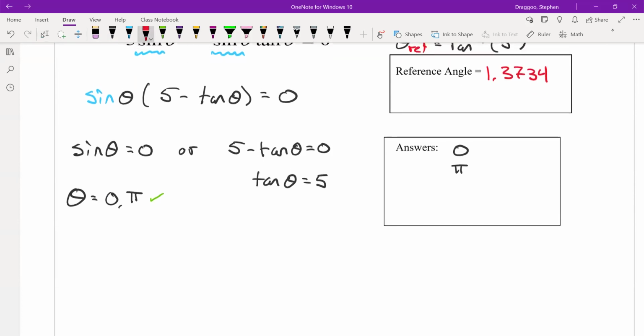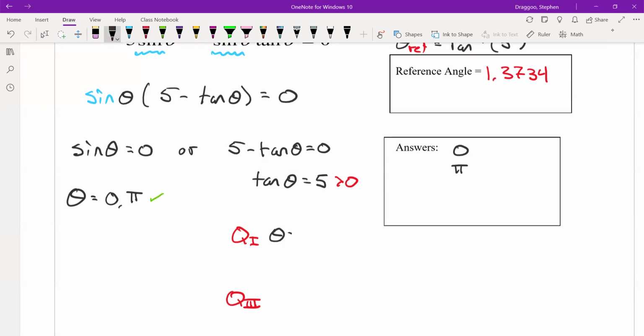And then because tangent of theta is equal to a positive number, the other two solutions I should be looking for are in quadrant 1 and quadrant 3, since those are the two quadrants where tangent is positive.